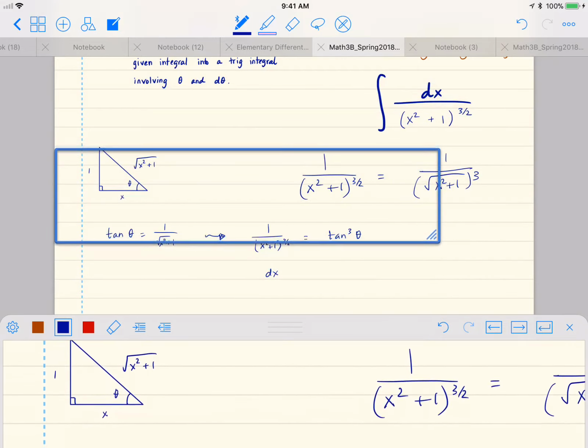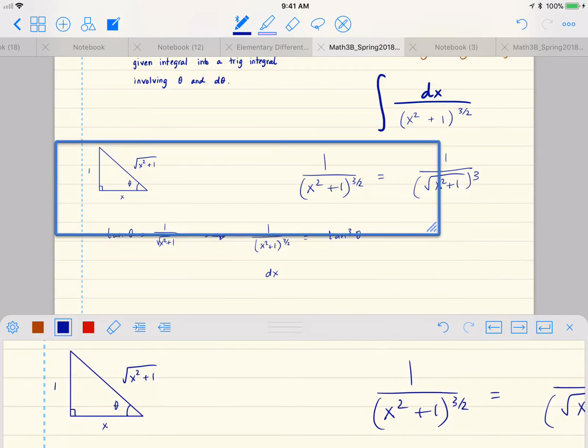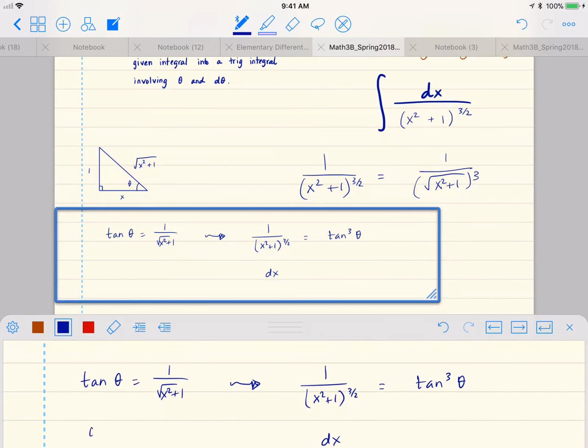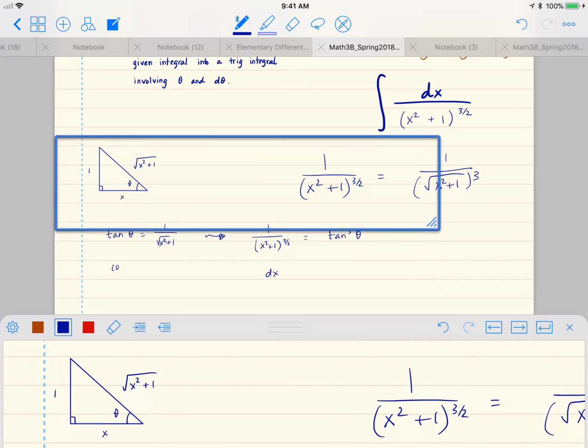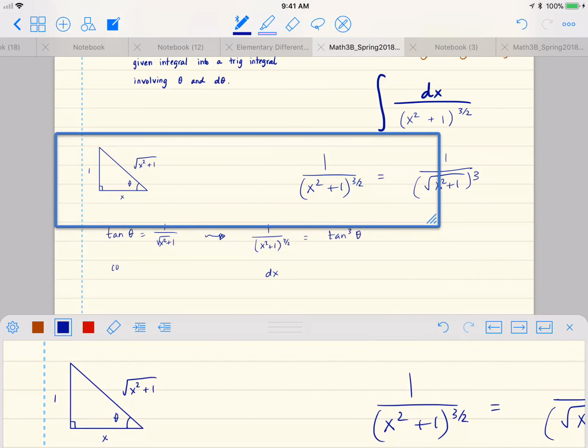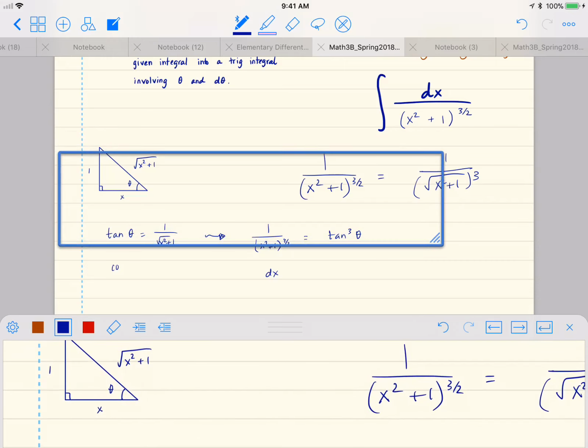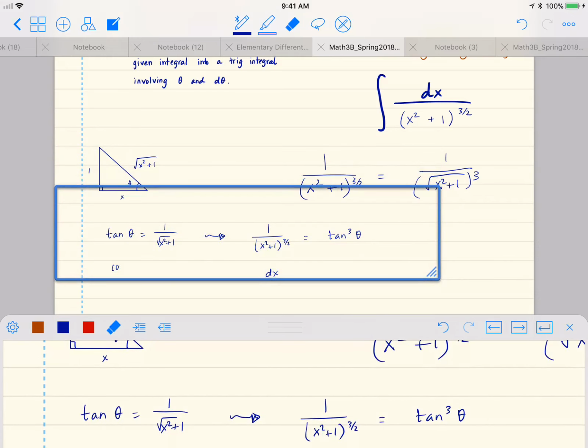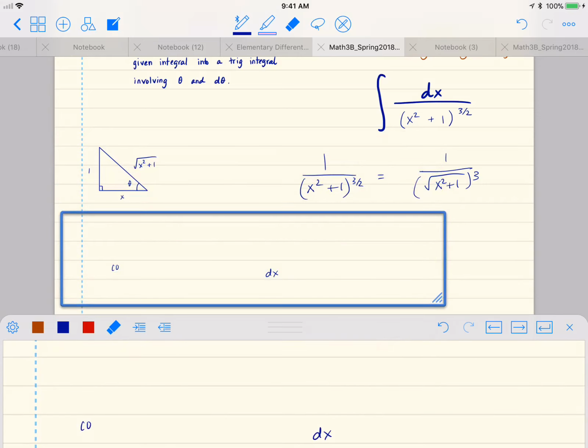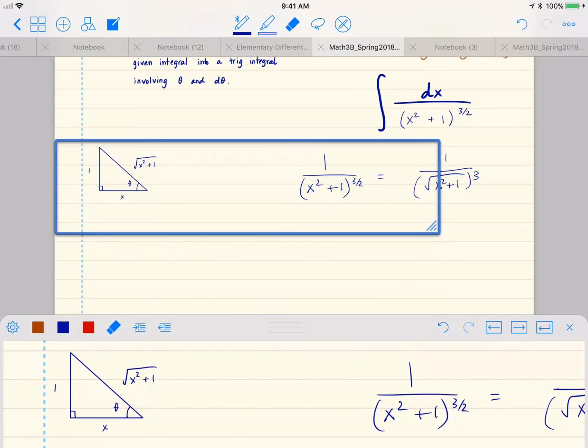Now to get dx, I'm going to use cotangent of theta. That's going to be x over 1. Wait. Tan of theta is 1 over x. What I want is sine of theta, which is opposite over hypotenuse. So let me start over. I actually caught myself because cotangent of theta should be the reciprocal of tangent of theta. So let's go back.